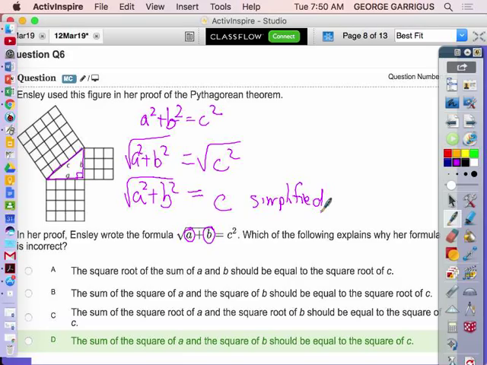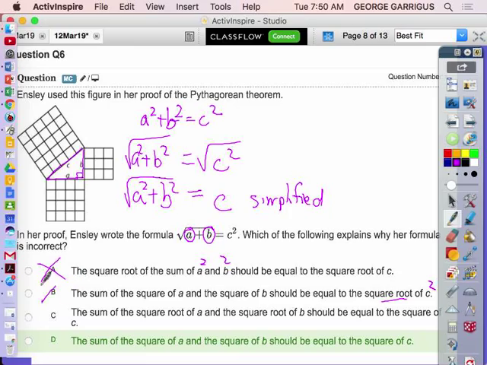So let's look at A. The square root of the sum of A and B should be equal to the square root of C. Well, they're still leaving out that the sum of it should be A squared and B squared. That's why that one's wrong. The sum of the square of A and the square of B should be equal to the square root of C. Well, no, it should be the square root of C squared.